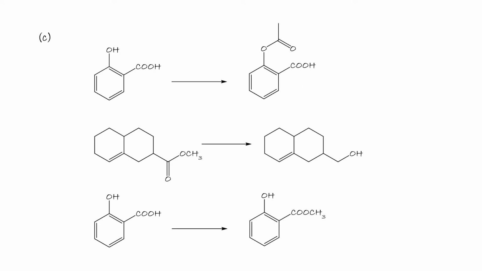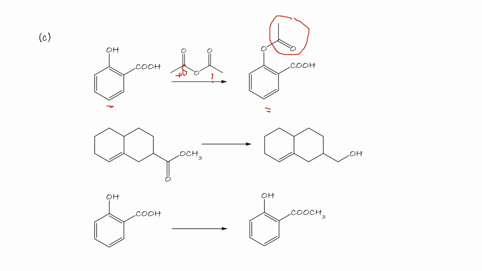Now, missing reagent. How can we transform this to that? What do we add in here? Okay, acetic anhydride. We need the source of CH3C double bond O plus. All right.